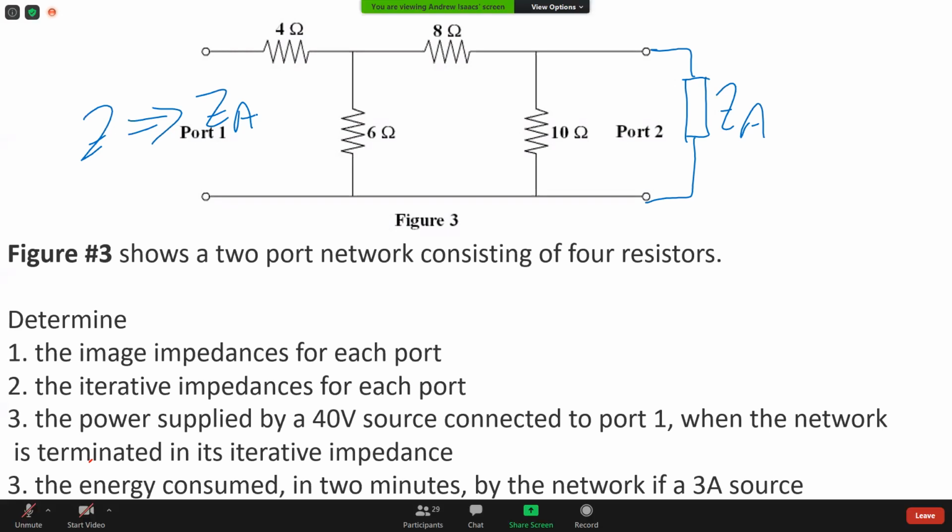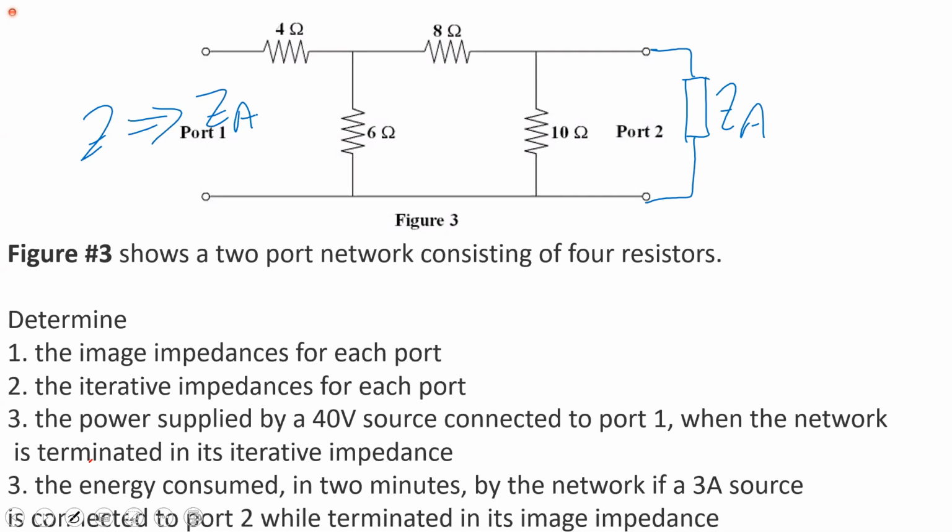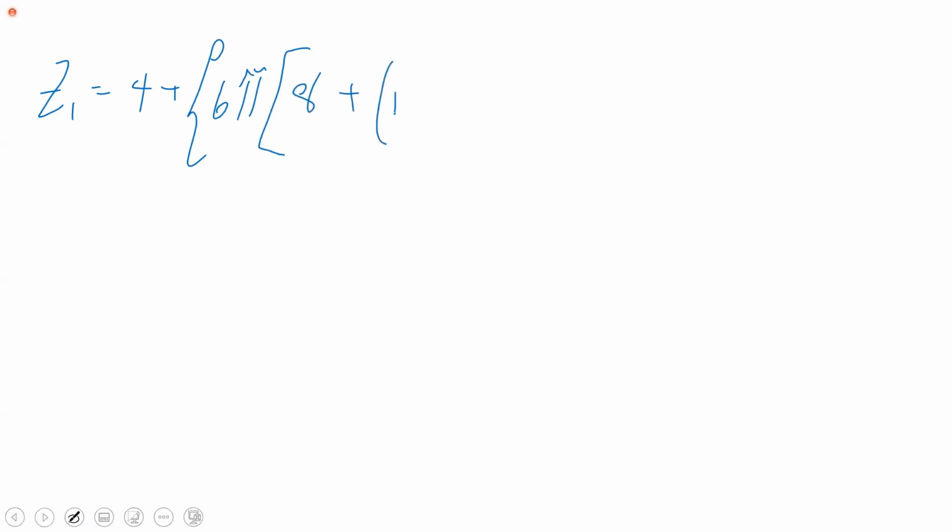So it would be that ZA. Since we're dealing with port 1, just for clarity, I'll put in Z1 and Z2. So this would be Z1 when I connect Z1 there. So it means, therefore, that Z1 is equal to 4 in series with 6 in parallel with 8 in series with 10 in parallel with the 5.4.